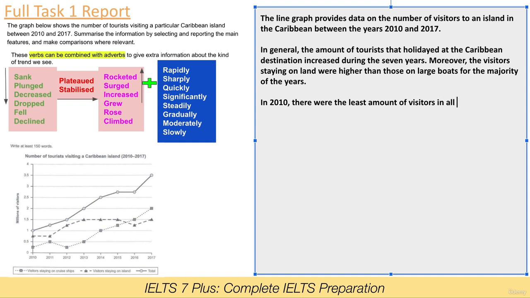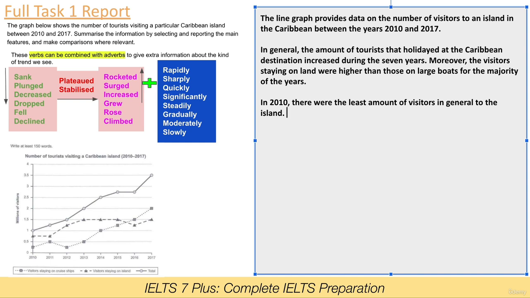In 2010, there were the least amount of visitors in general to the island.